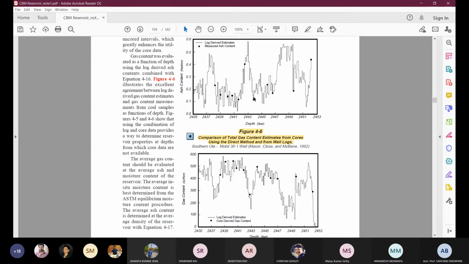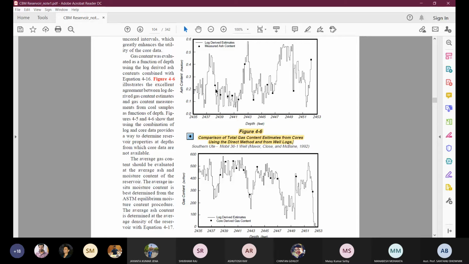If you see this data, you can see that with depth there's a lot of variation of the ash content. Why? Because obviously this is a complex process, and the coal, depending on its location, grade, rank, and composition, is going to vary from place to place.